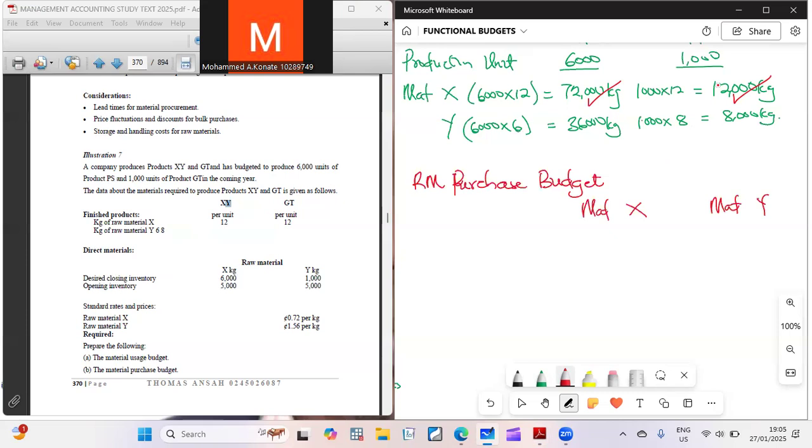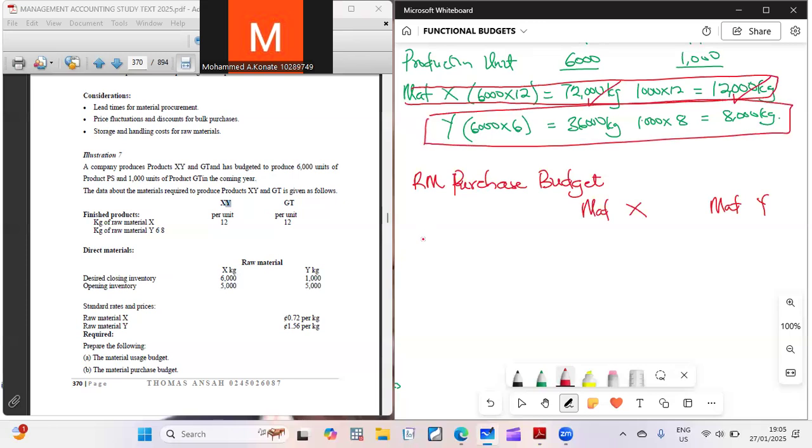Now, in material X, these are the lines for material X, and these are the lines for material Y. So for the production of product XY, we need 72,000 of material X. And for the production of GT, the same material X, we will need 12,000.